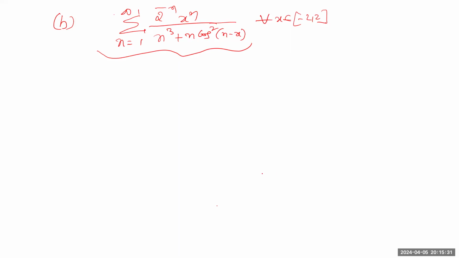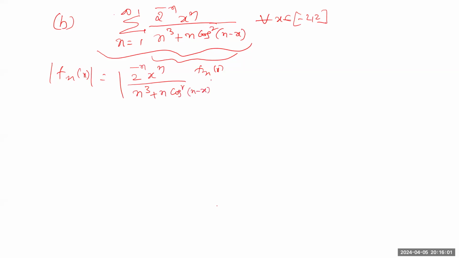We are going to verify this using the M test. So now we can call this value Fn of x. Take modulus of Fn of x, that is, modulus of 2 to the power of minus n, x to the power of n over n cube plus n times cos square of n minus x.